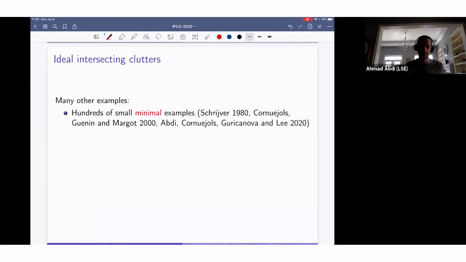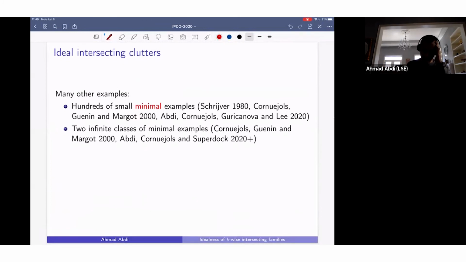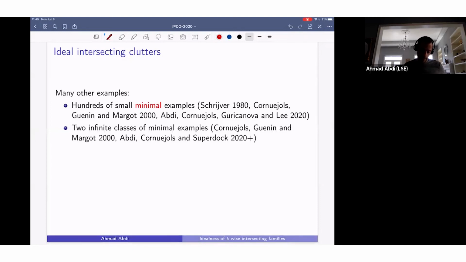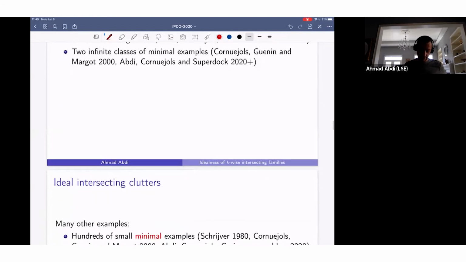By small, I mean the number of elements is at most 50. And not only that, there are 2 infinite classes of minimal examples. One infinite class was given by Cornuéjols and Margot, and recently we came up with another infinite class. So it's a zoo.